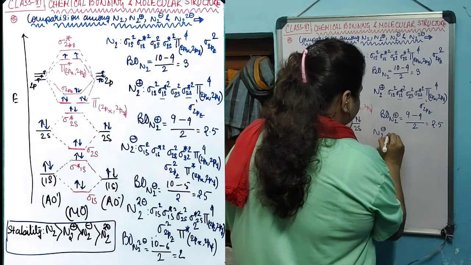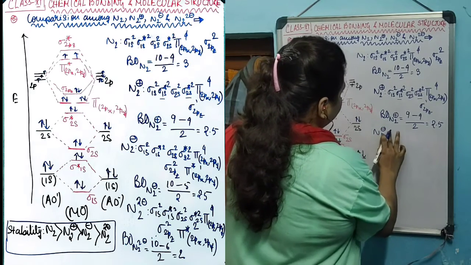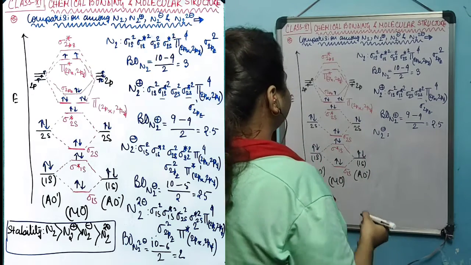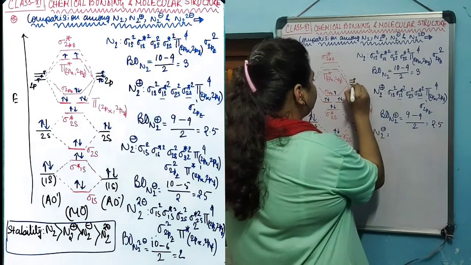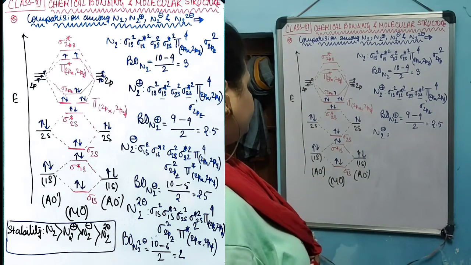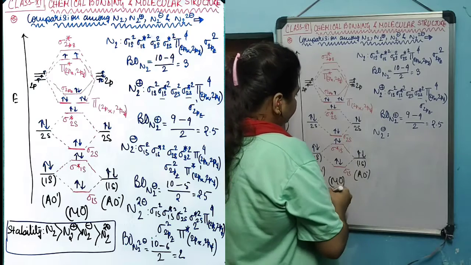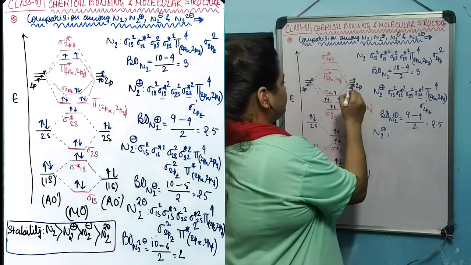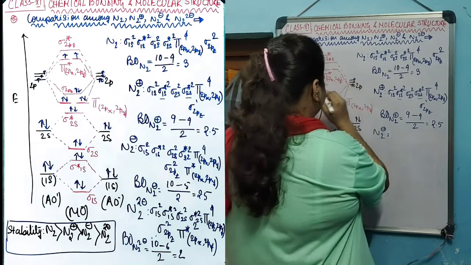Let's construct N2 minus. For the N2 minus species, the number of electrons will be 1 extra for the second atomic species, and that will give 15 electrons.